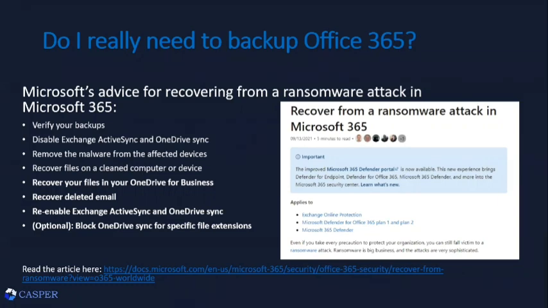You could set up your OneDrive in a way that anytime a user's file has been changed to one of those extensions, it won't be able to sync into the OneDrive account, because it will see it as an extension that is not permitted. So that is another security option for your organization if you are using Office 365.